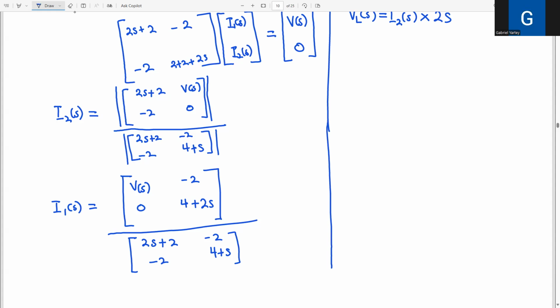Now, for the determinant, let's see the determinant of the numerator, right? I don't want to write the whole thing.